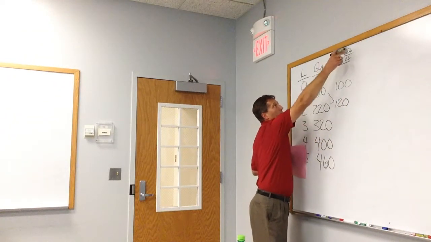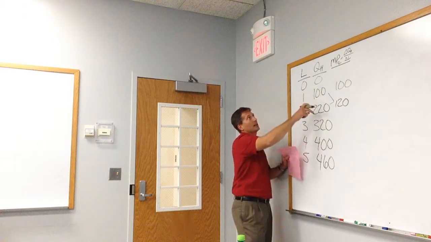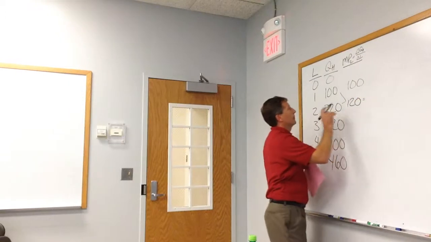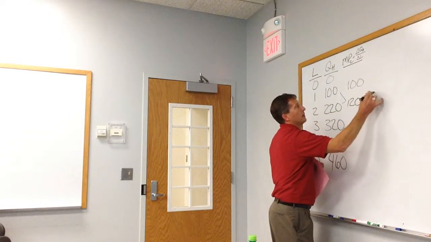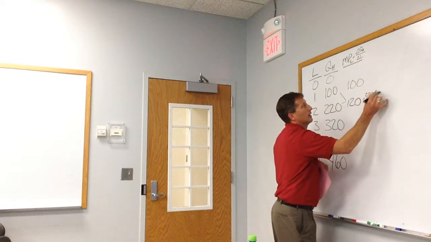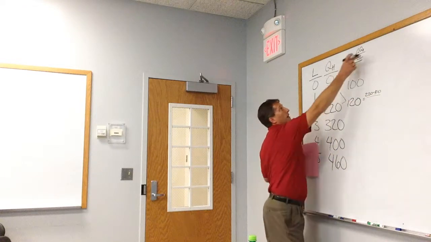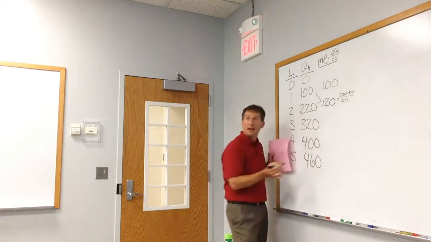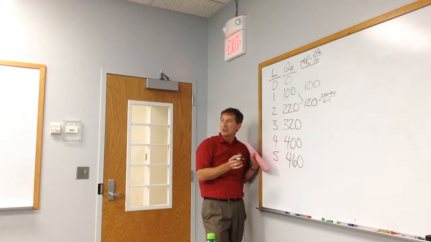Now, you can always go back to the formula here, right? So we've got the change in quantity. Maybe I'll blow this one up here a little bit. 220 minus 100 divided by the change in labor, which was 2 minus 1. I'm kind of going into obnoxious detail here, right?